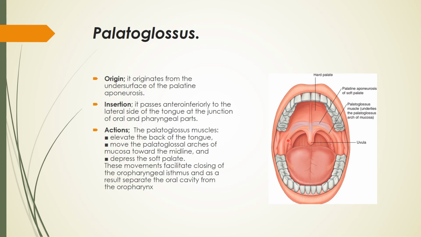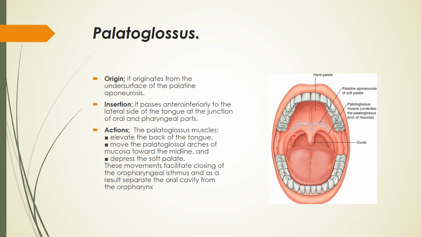It passes anteroinferiorly to the lateral side of the tongue at the junction of its oral and pharyngeal parts. In this diagram we can see only the oral part of the tongue, and it passes at the junction of the oral and pharyngeal part.